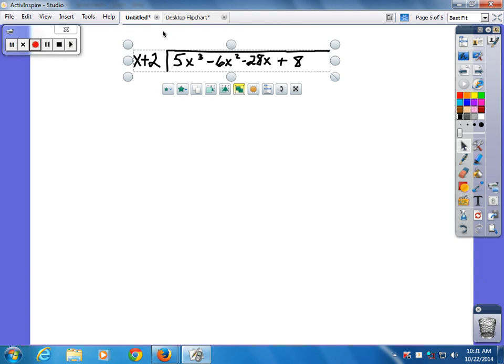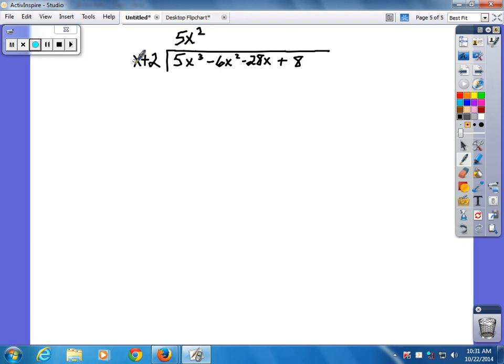So how many times will x go into 5x cubed? 5x squared. 5x squared times x is 5x cubed. 5x squared times 2 is what? 10x squared. We always subtract. So that's going to make this guy a little negative and make this guy a little negative. And of course, that one goes out.